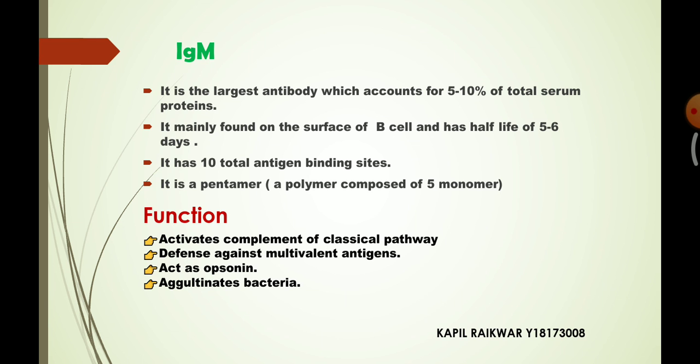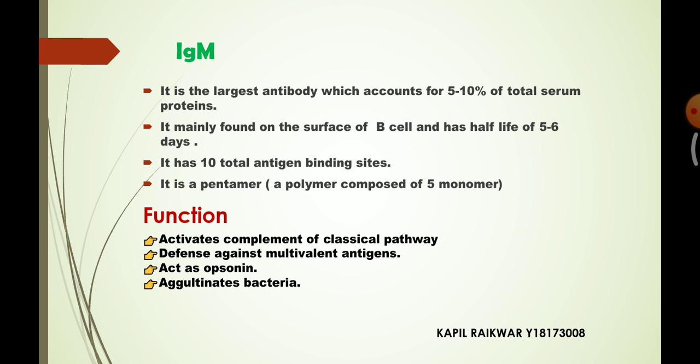It is a pentamer, a polymer composed of 5 monomers. The functions of immunoglobulin M are: first, it activates the complement classical pathway. It provides defense against multivalent antigens. It acts as an opsonin. It agglutinates bacteria.